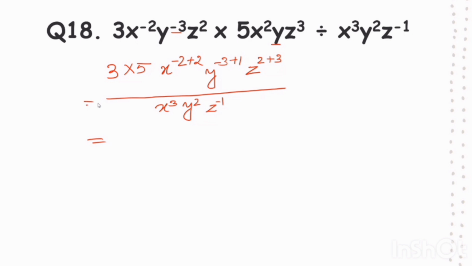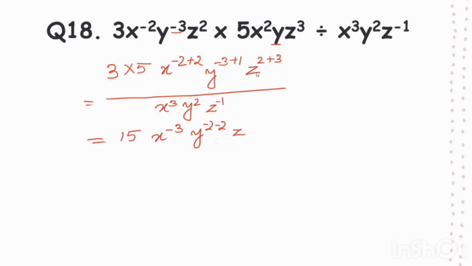Now that is equal to 3 5s are 15, and x raised to the power negative 2 and positive 2, it becomes 0. And here we have to take, so it's minus 3, and minus 3 plus 1, that's equal to minus 2, and here it is going negative 2.